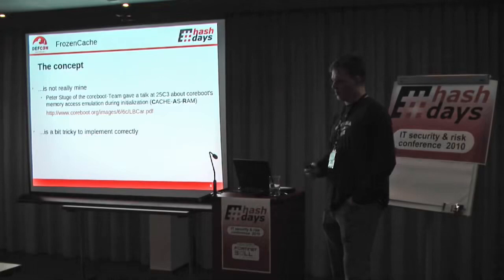And I came up with the idea of tricking the cache into holding data for a memory address that isn't there on the system. So if you have maybe 2 gigs of RAM, then you have the upper 2 gigs where if you had an address in cache that it tries to push out, then obviously the memory controller will tell it, no, I can't do that because I don't have that.